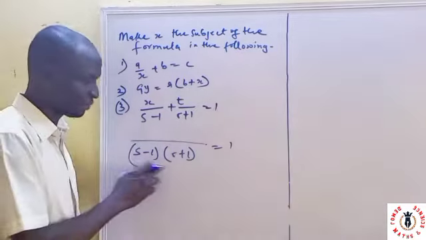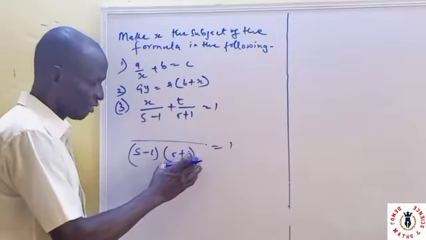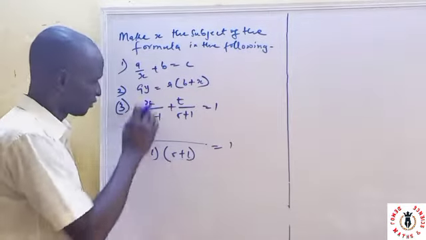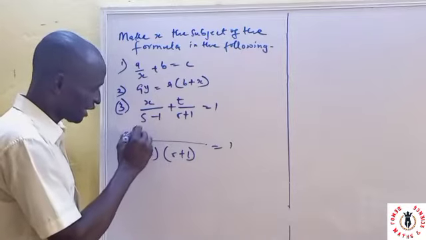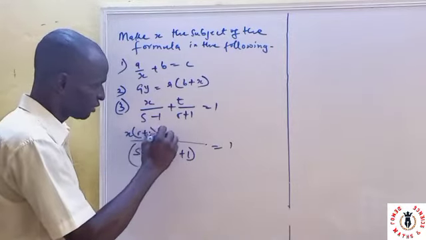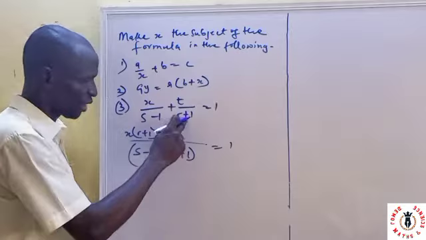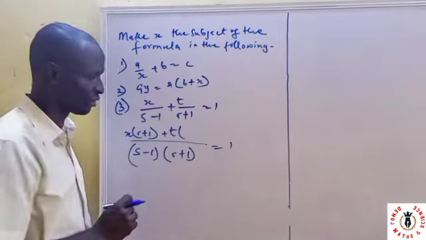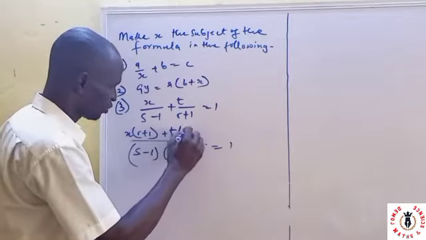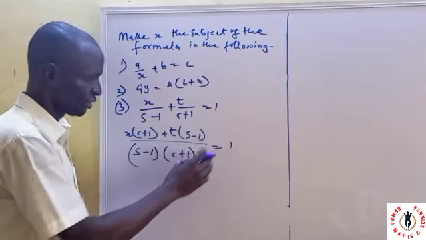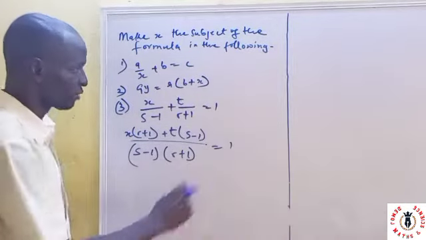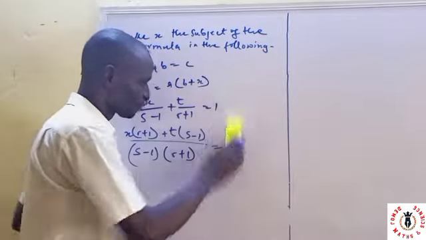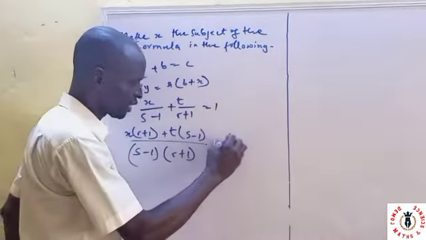X minus 1 in x minus 1 and r plus 1, I'll be left with r plus 1 times x. That's x into r plus 1 plus t now into r plus 1 in this LCM. We'll be left with s minus 1 into t into s minus 1 equals 1. Now this 1 is as good as 1 over 1.